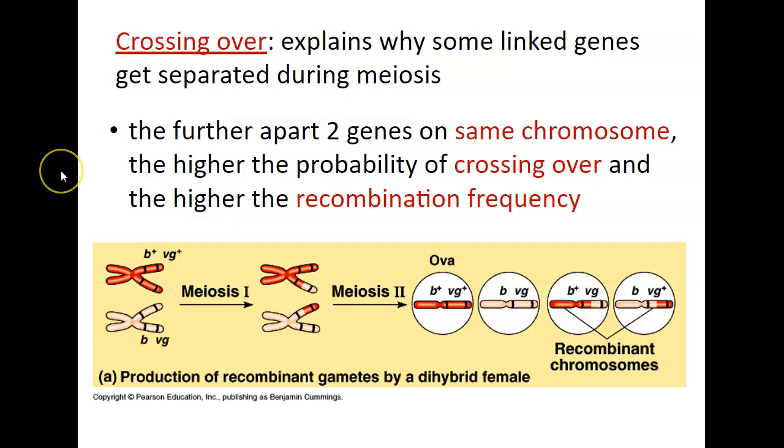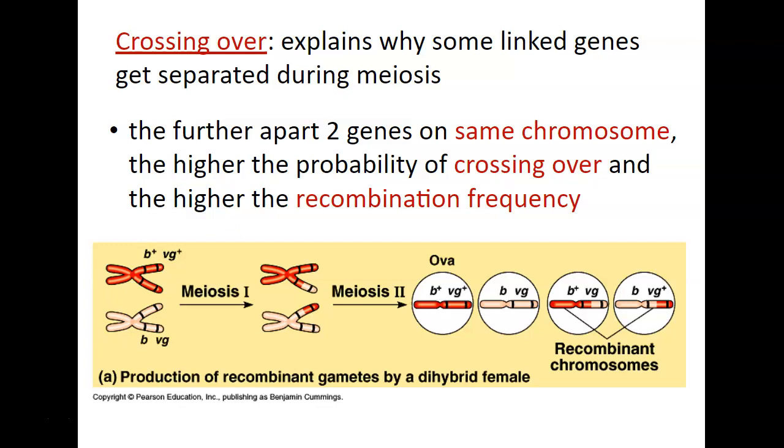But the principle here is that the farther apart two genes are, then there's a higher likelihood of crossing over, meaning you'll get more recombinants. But if you are super close together, then the likelihood of crossing over occurring that would separate two really close genes is very rare. So that recombination frequency would go down.